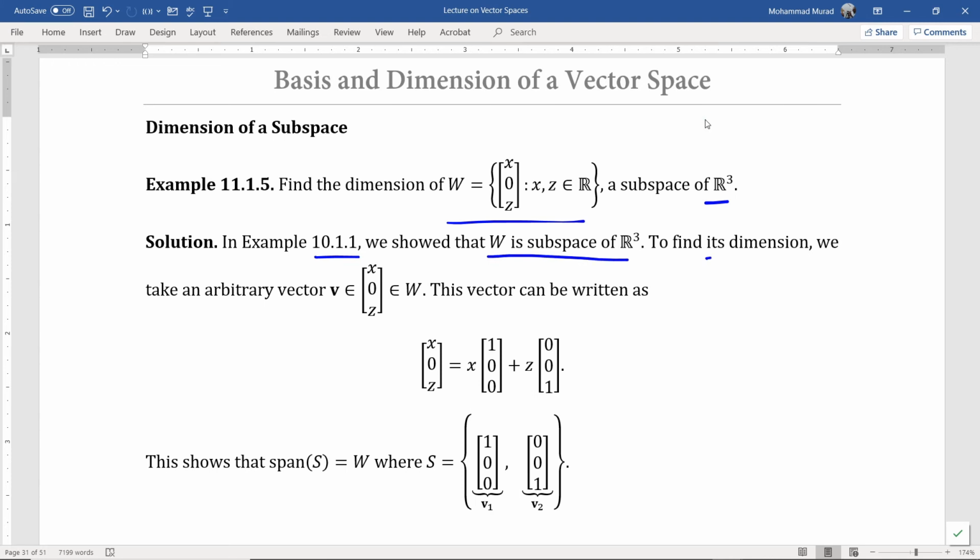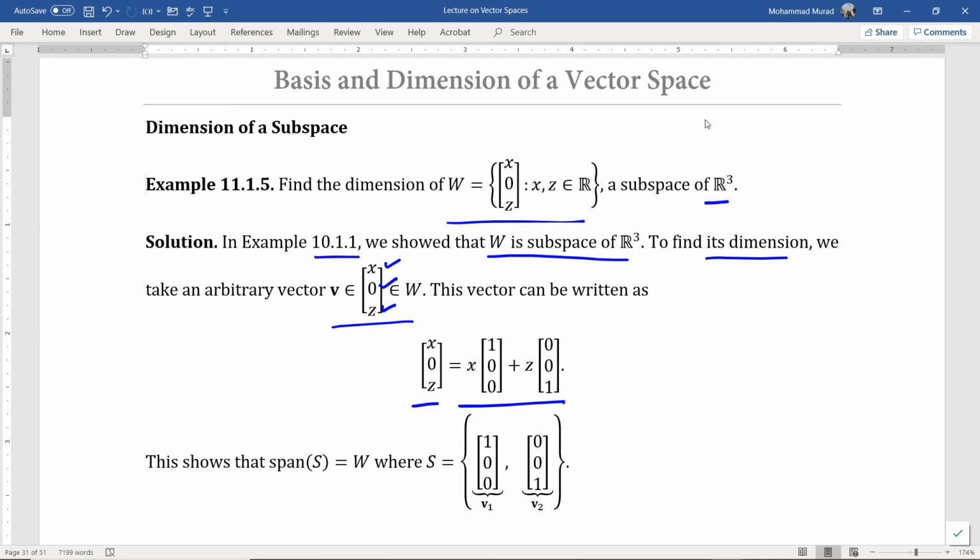To find its dimension, we take an arbitrary vector v from the space W with components x, 0, z. This vector can be written as shown here: x times the vector 1, 0, 0 plus z times the vector 0, 0, 1.